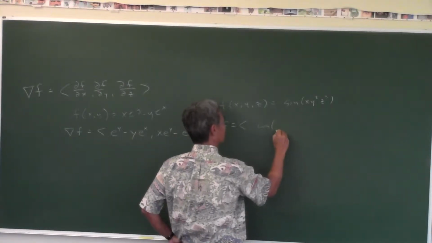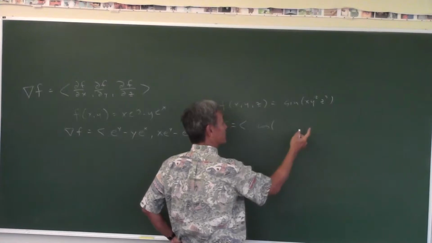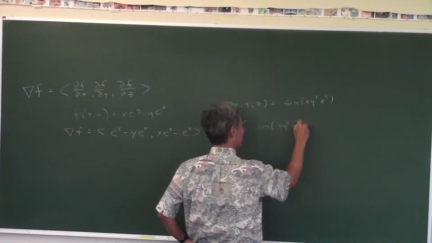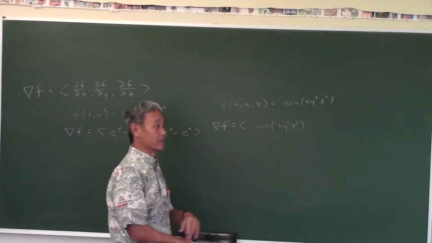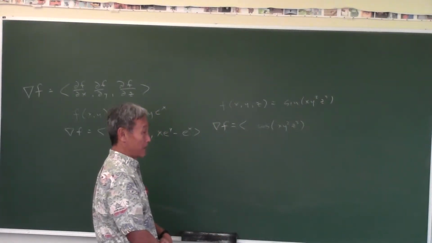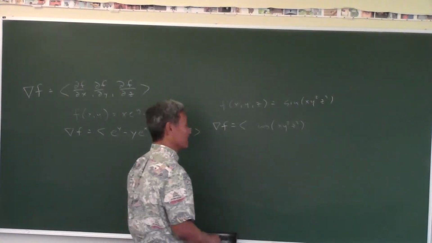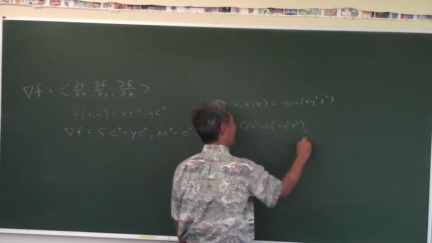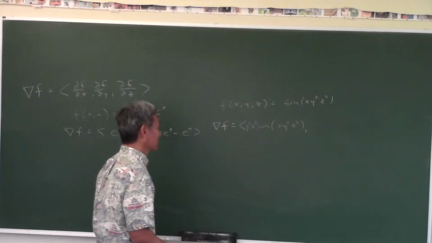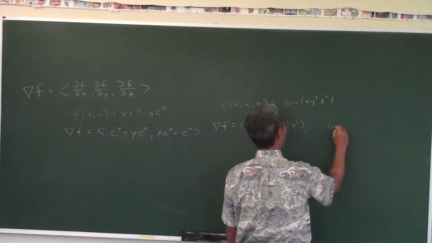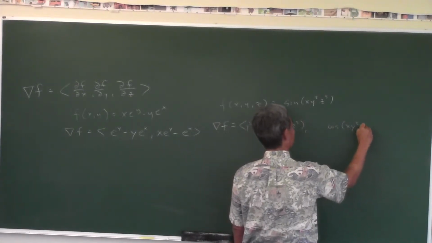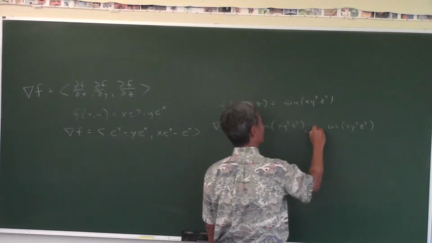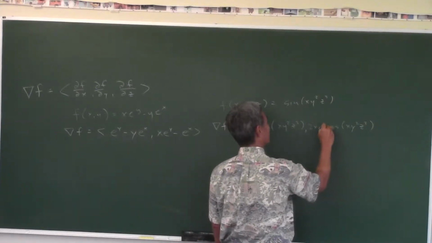No. The derivative of sine box is cosine box times the derivative of box with respect to x, which is y squared z cubed. Okay, the y component of the partial. Cosine that whole thing. And then 2xy z cubed.